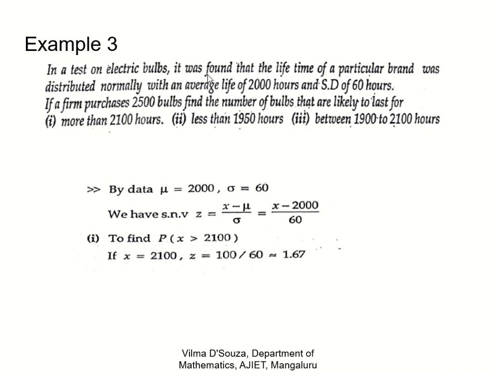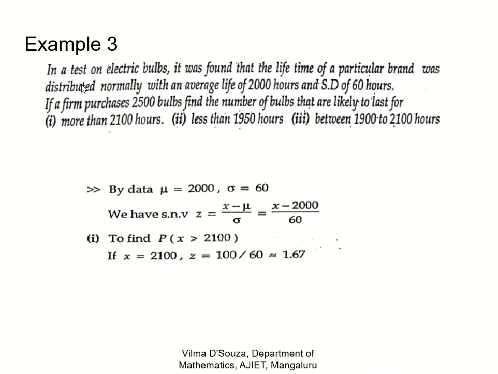So the mean of the normal distribution, not the standard normal distribution, is mu, that is 2000. We are using the normal distribution first, then converting into the standard normal distribution. So mu is 2000 and sigma is 60.